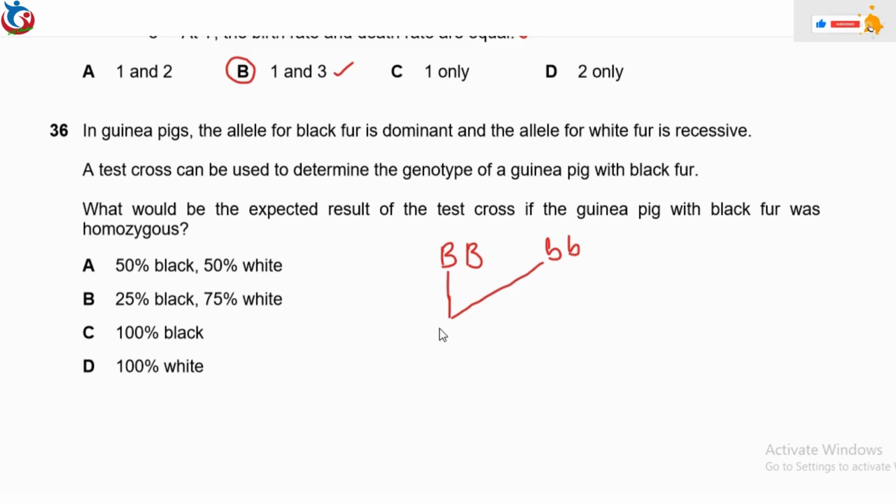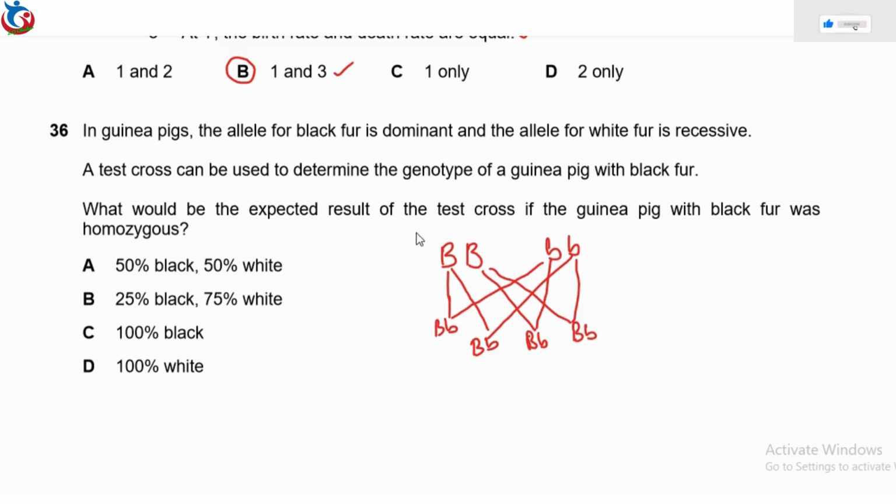this, and this is black. This as well will give you black. This will give you also black, and this will give you black.